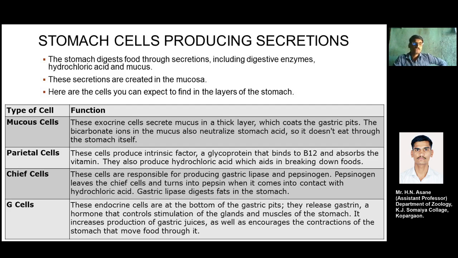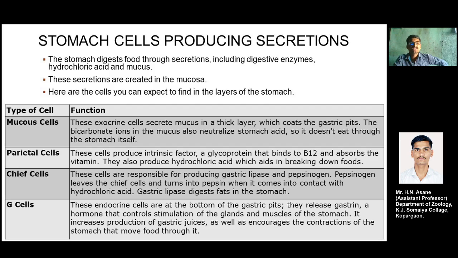The G cells are the endocrine cells present at the bottom of the gastric pits. They release gastrin, a hormone that controls the stimulation of the glands and the muscles of the stomach.